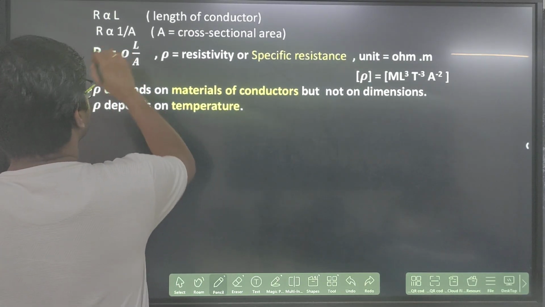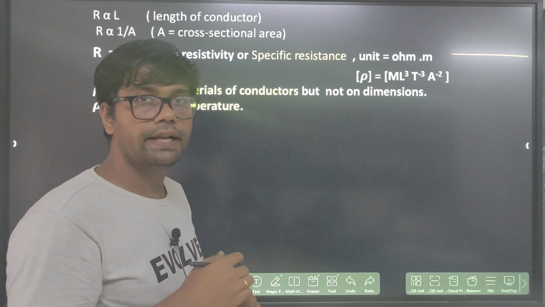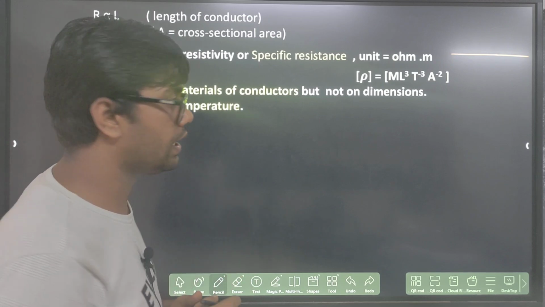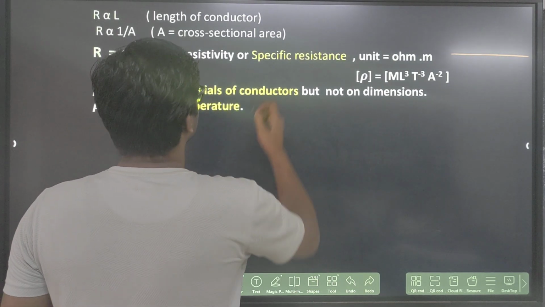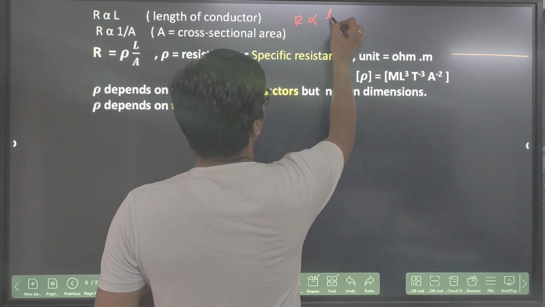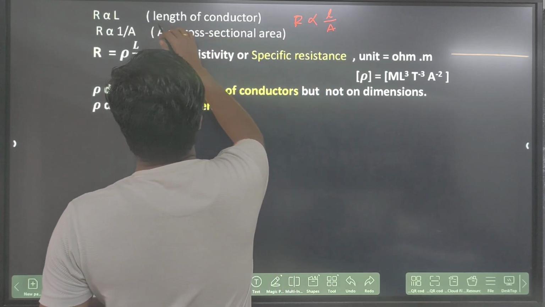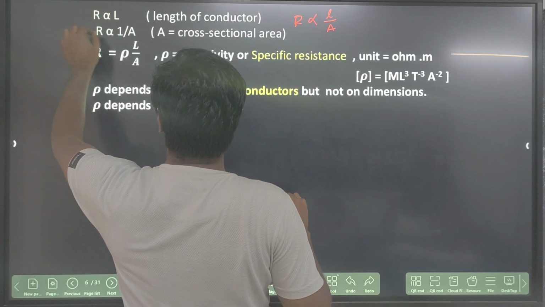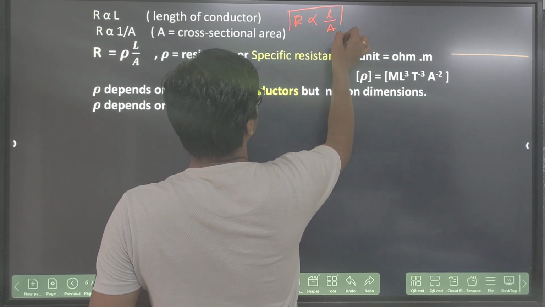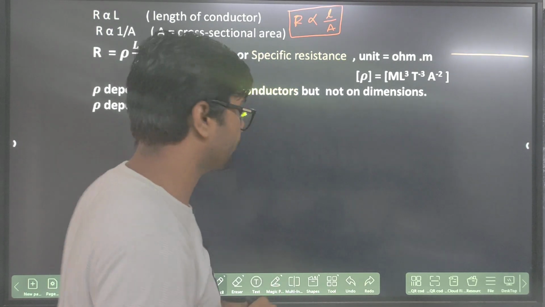And resistance is directly proportional to 1 by cross sectional area, or inversely proportional to the cross sectional area. So if you combine these two, resistance is proportional to L by A.